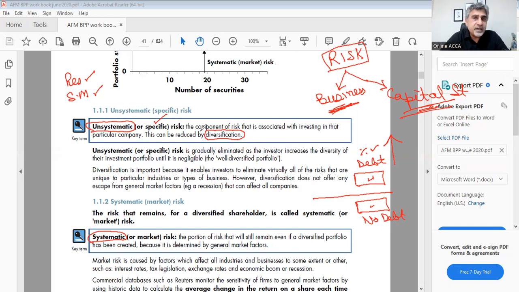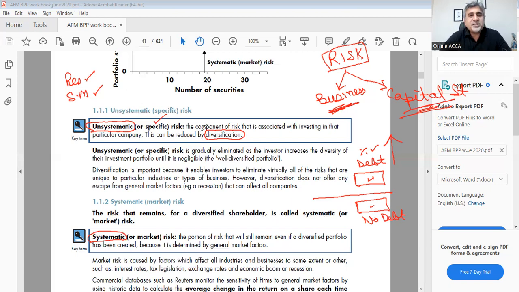Risk cannot be eliminated, risk cannot be zeroed out, but it can be reduced to a very low level. By the way, this is a concept which is given in the books, that through diversification, you bring down the risk to a very negligible level. This is an academic concept.